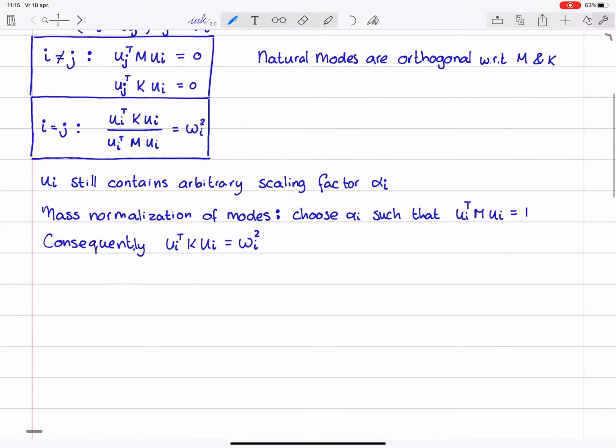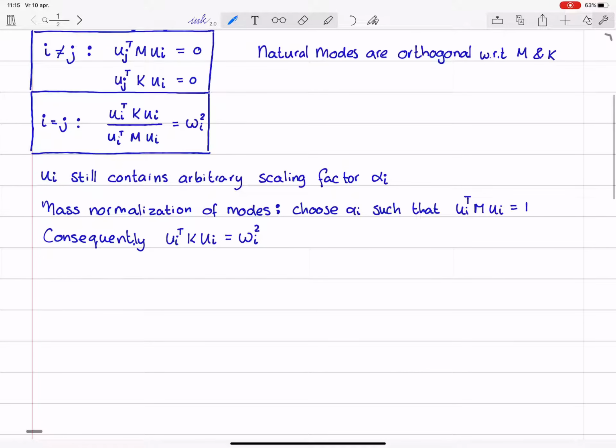Okay, where are we going to use this? Well, let me construct the modal matrix that I will call capital U, which is the column-wise assembly of modes. So the first column is the first mode, second column is the second mode, and so on, and the last column is the n-th mode, like this. If I now look at the matrix multiplication U transposed times M times U, it follows that all the terms on the diagonal are in the form u_i transposed M u_i.